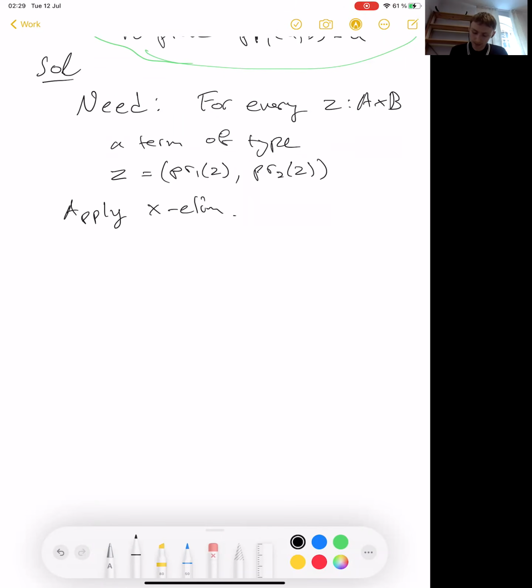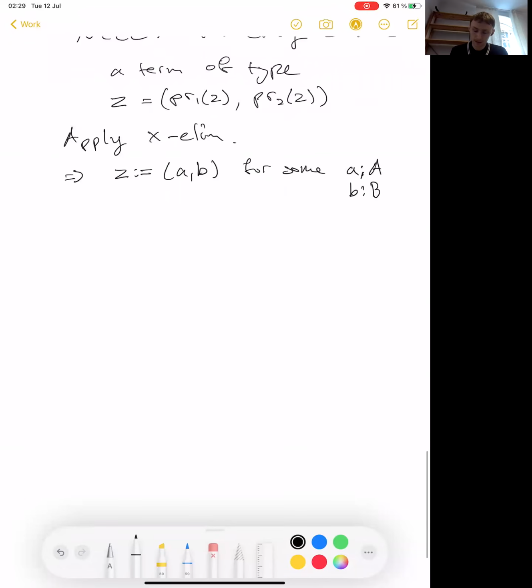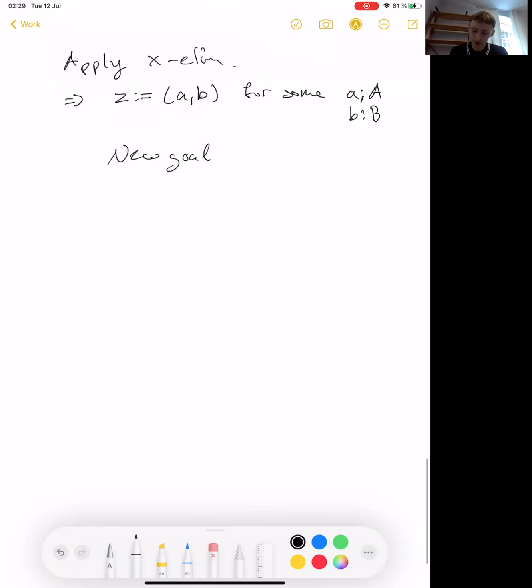So z is literally just A comma B for some A in A and B in B. Okay, so we have a new goal. The new goal is proving that A comma B is equal to PR1 applied to A comma B and PR2 of A comma B.